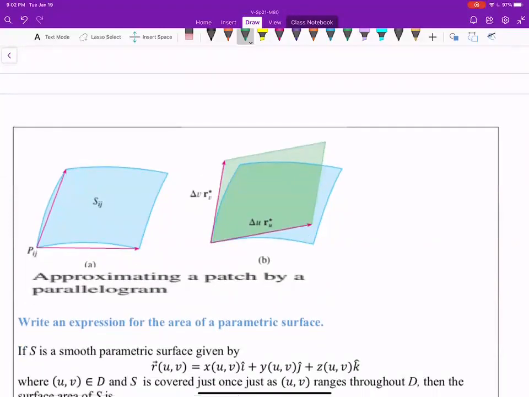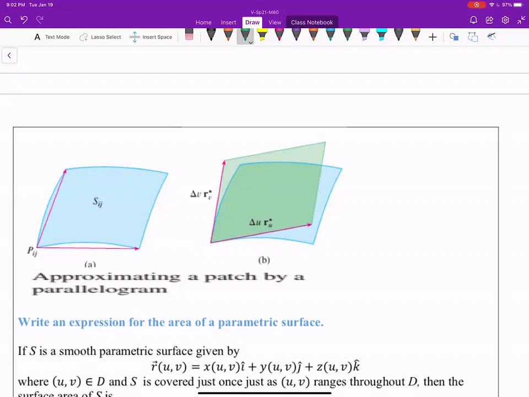Each patch looks like the blue figure here, but its edges can be approximated by these pink lines over here. Those are the tangent vectors, so you can approximate by Ru star delta u on one side and Rv star delta v on the other side.